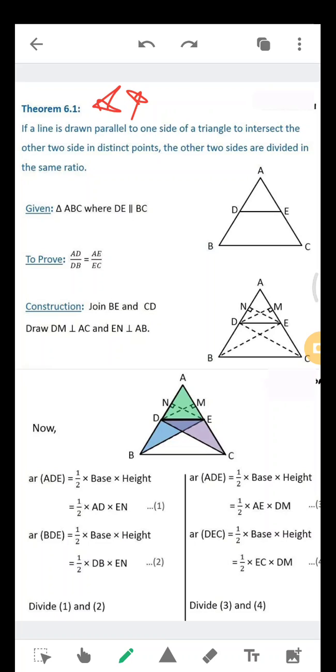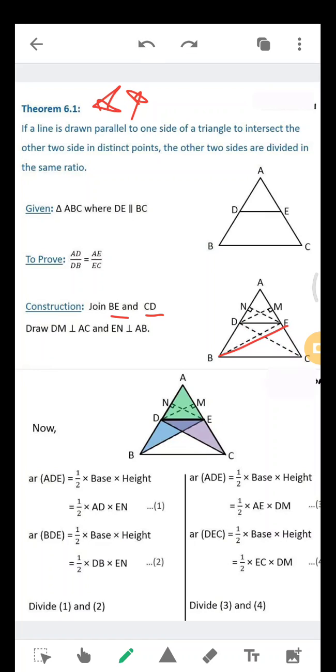So we'll draw EN perpendicular to AB. You can see a line EN perpendicular to AB, and we'll draw DM perpendicular to AC. See that they are perpendicular. Then we'll also join BE and CD.